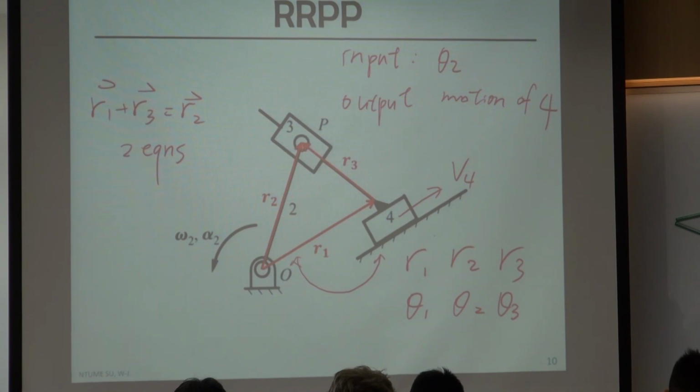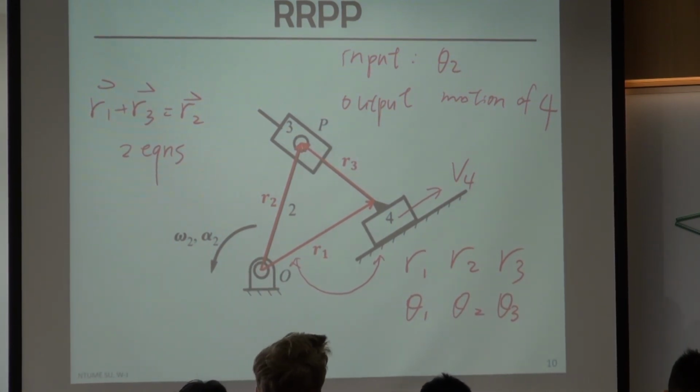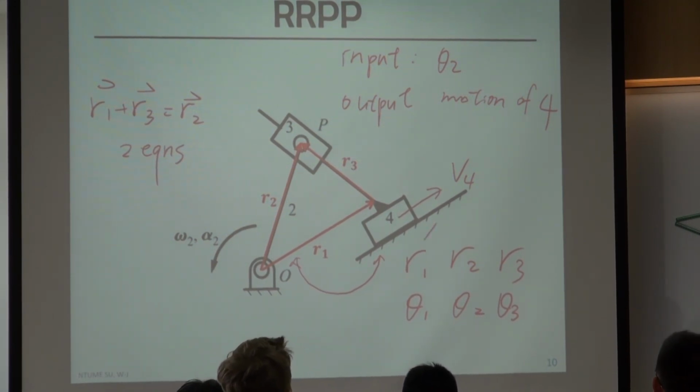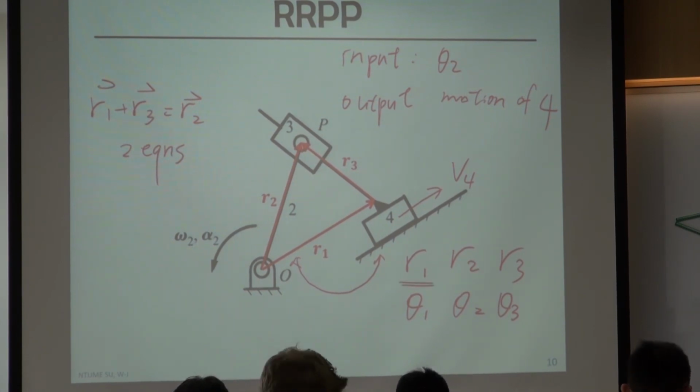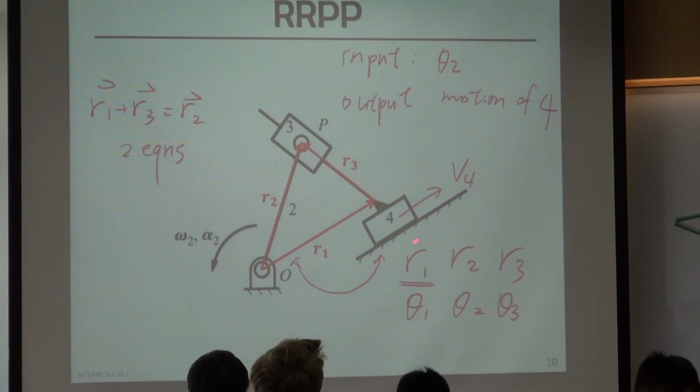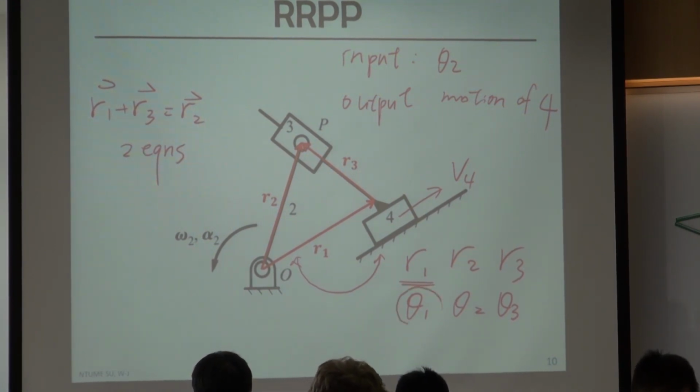Is R1 known or unknown? Well, it's unknown because it determines the motion of 4, and that's what we are trying to determine. And theta 1, how about theta 1? It's a constant. Theta 1 is parallel to the ground, and the ground is fixed, so it should be a constant and known.